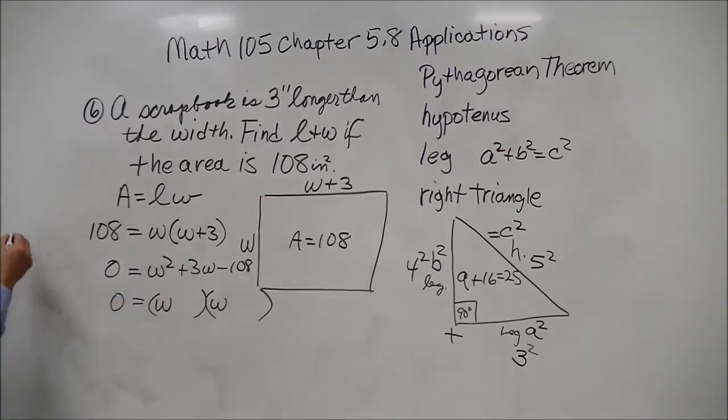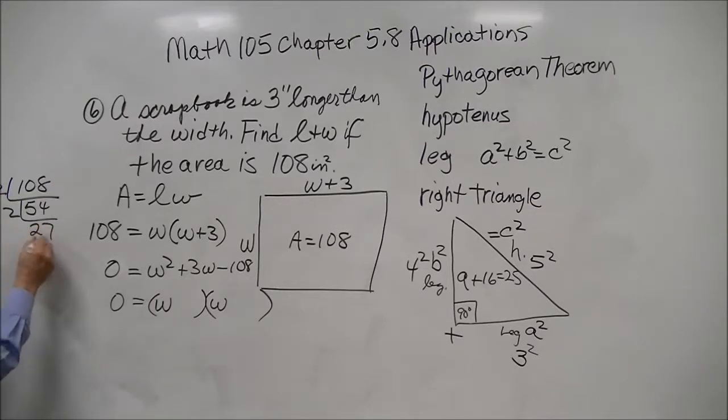So let's use that same technique that we used. 108, 2, so that's going to be 54, 2, this is going to be 27, This is going to be 3 and 9, 3 and 3.